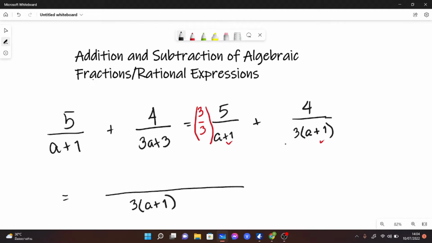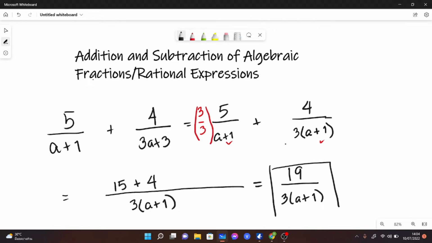So 3 times 5 is 15, plus 4. So we have 15 plus 4 is 19 all over 3 times quantity a plus 1. And this is our final answer.